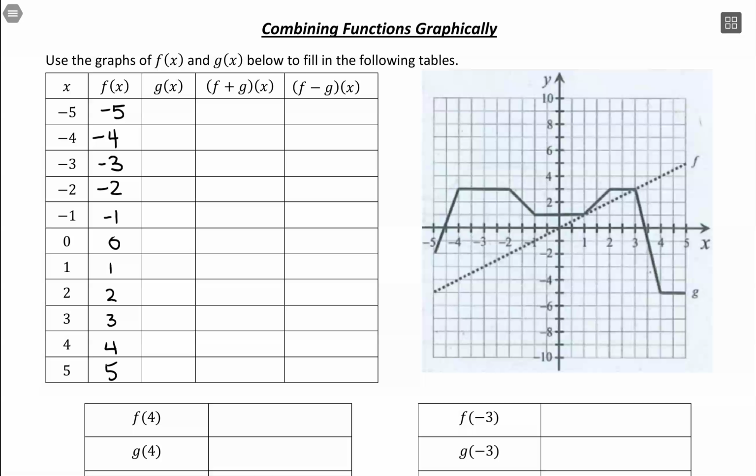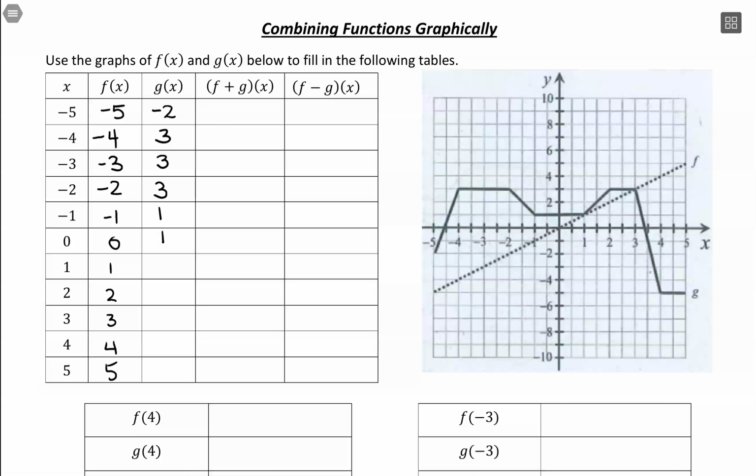G of x will be a little more interesting. So at x equals -5, g of x is -2. At -4, we have an output of 3. And then we have this output of 3 up until -2. So we're going to see 3 and 3 again. Then we get to -1, we have an output of +1.